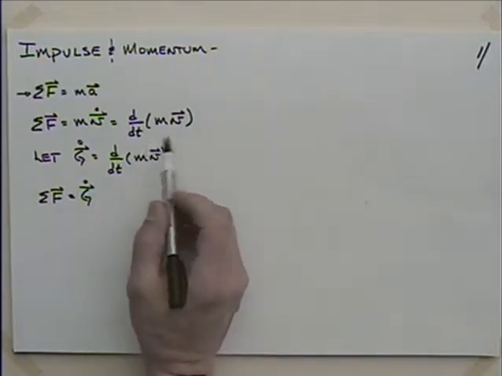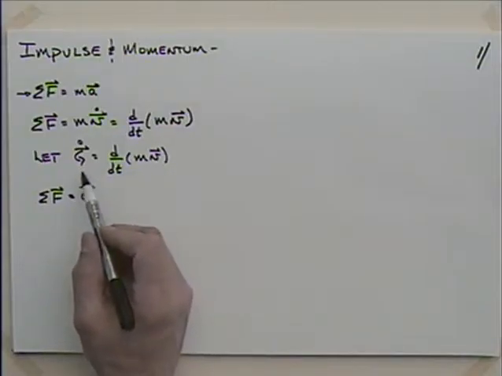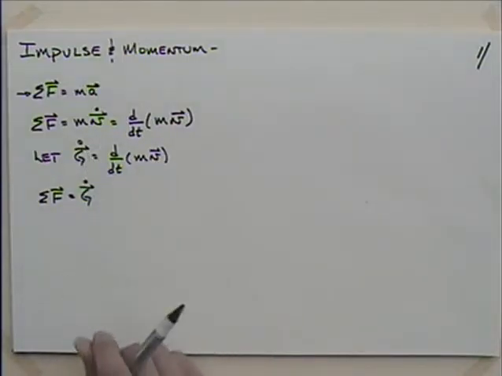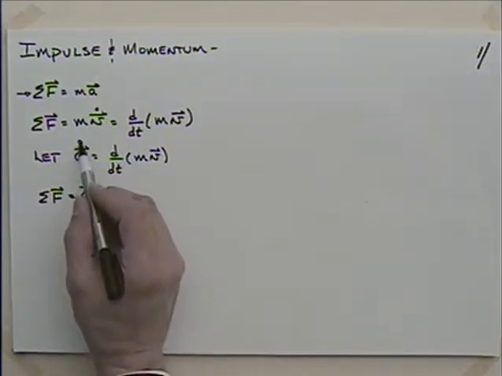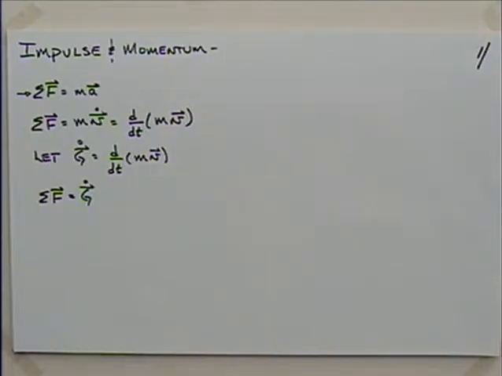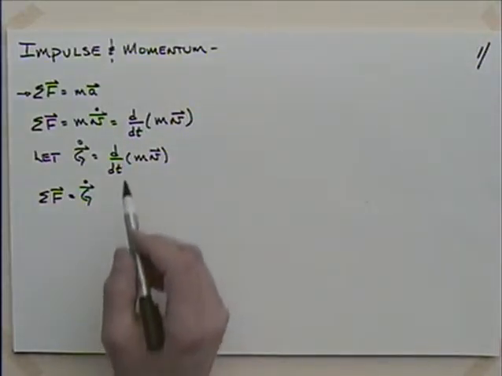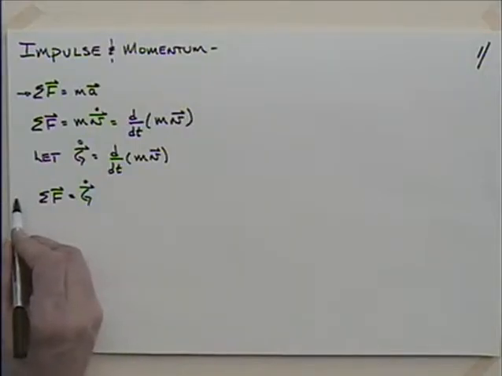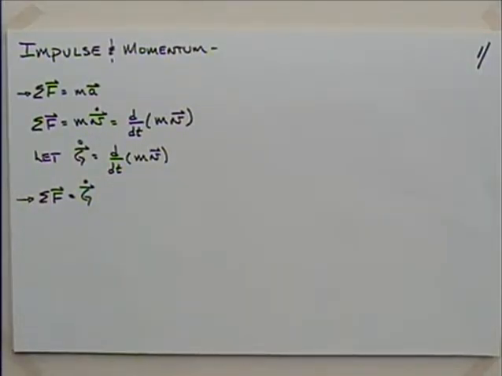So instead of always having to write this, I'm going to let this symbol G be equal to the mass times velocity. So I could say that G dot, which is the derivative with respect to time, is equal to the derivative with respect to time of the product of mass times velocity. So I could really say then that the sum of the forces is equal to the derivative of this G term.